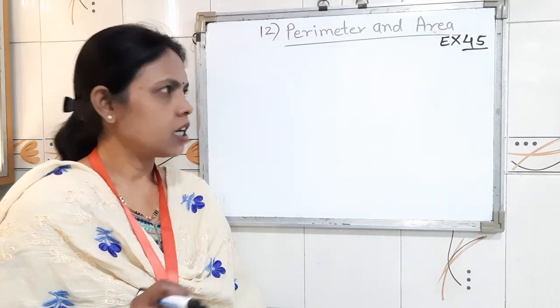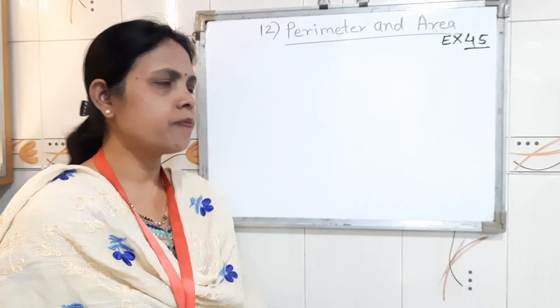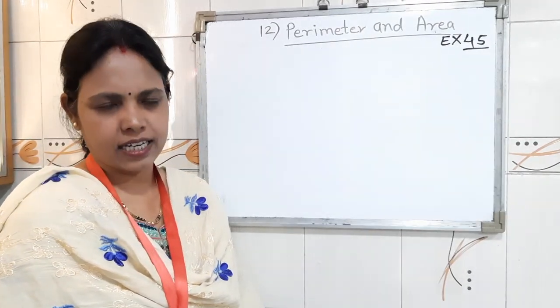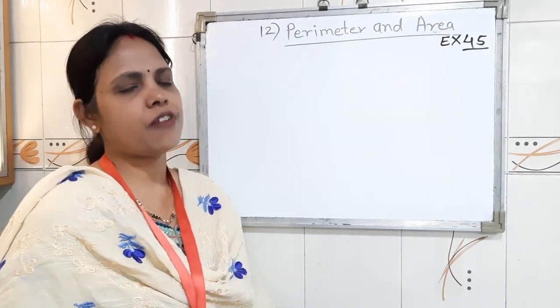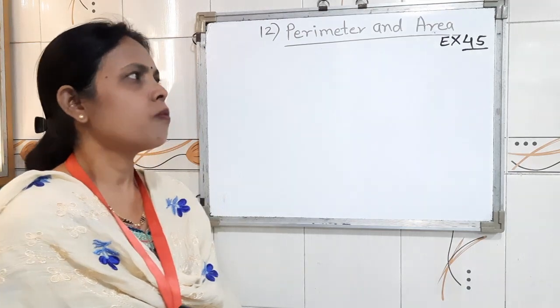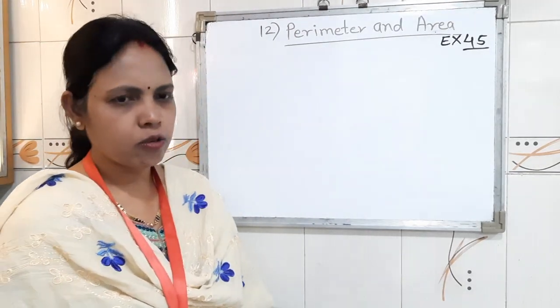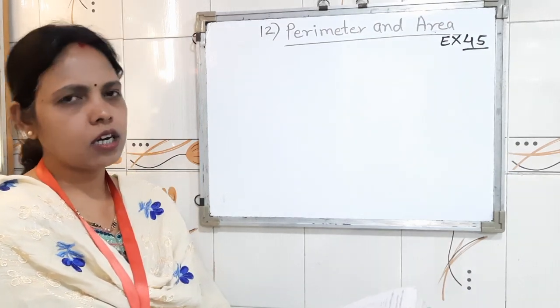Means in today's class we are going to learn area of square and area of rectangle, and perimeter of square and perimeter of rectangle. So one by one, whichever questions come, we are going to use our formula and we will solve the sum.